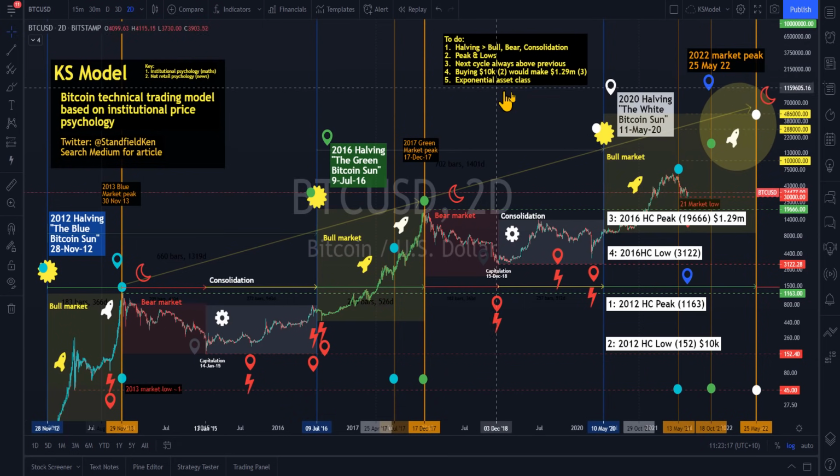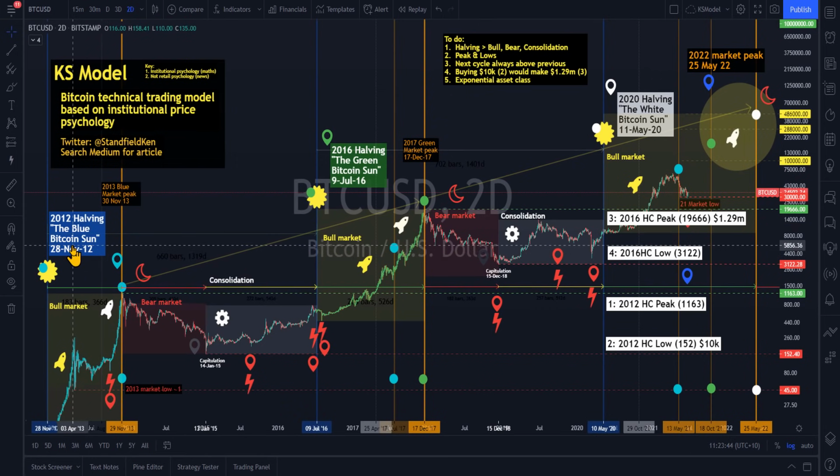I'll just take you into the dynamics of highs and lows and explain the exponential asset class nature of Bitcoin. To start this analysis, point one, we just go from the actual halving. So the 2012 peak, it's not referring to the year, it's just referring to the actual halving cycle.